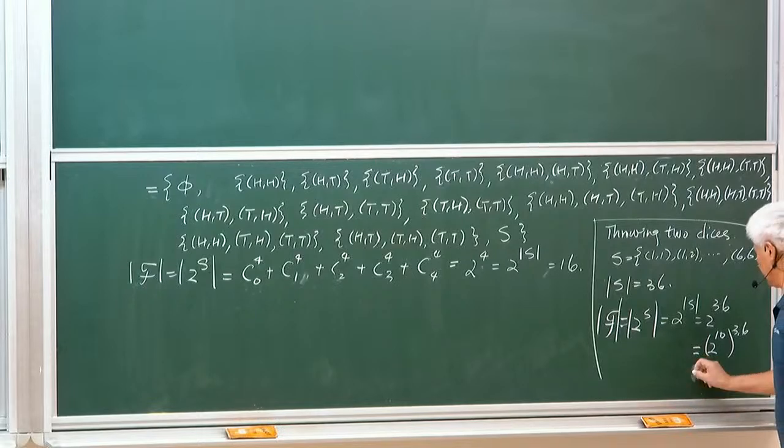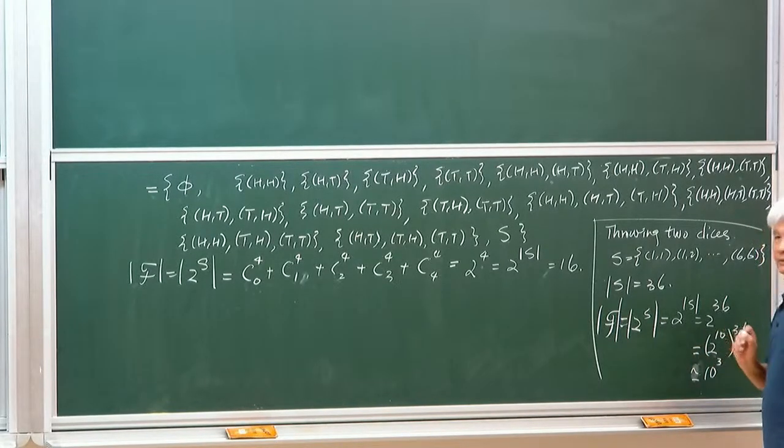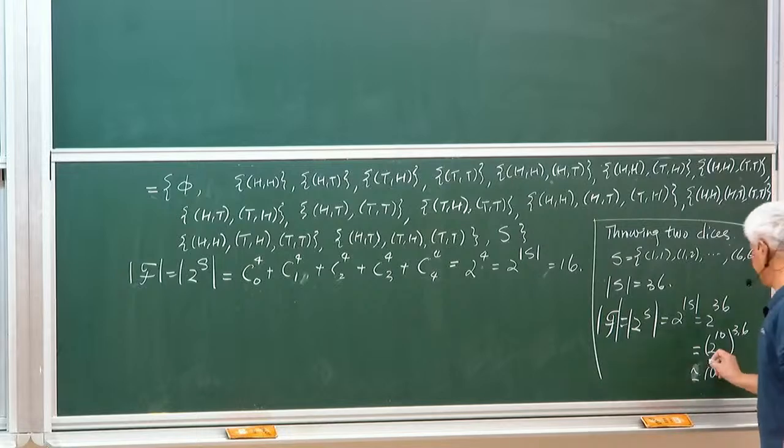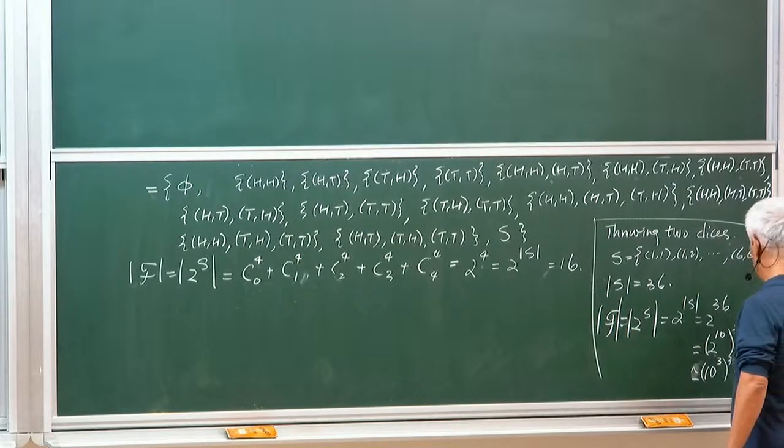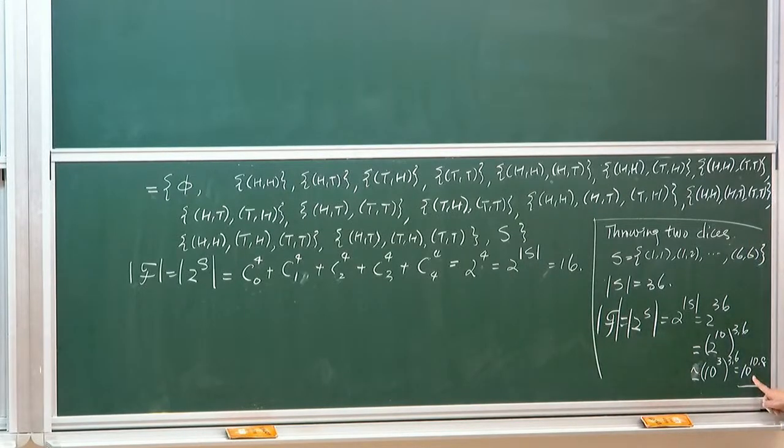It's about, because 2 to the 10 is about 1,000, right? About that. So this is becoming a very big number, right? This is very big, about 10 to the 10.8.